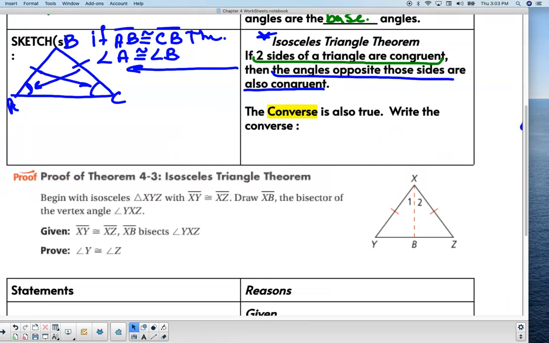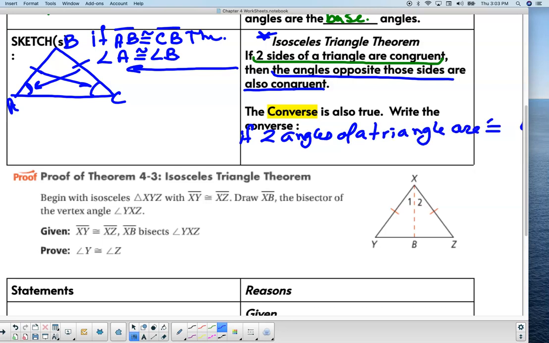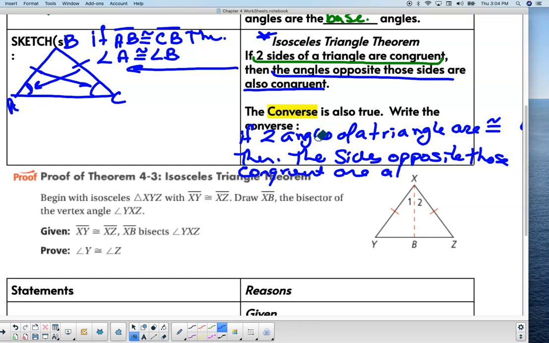So the converse of "if two sides of a triangle are congruent, then the angles opposite those sides are congruent" becomes "if two angles of a triangle are congruent, then the sides opposite those congruent angles are also congruent."